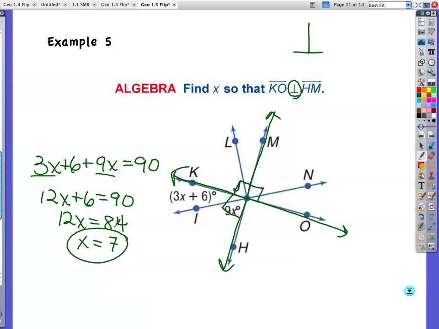In order to check to see if this is right, 9 times 7 is 63. 7 times 3 is 21. 21 plus 6 is 27. Do 27 and 63. Oh my goodness, who would have guessed? It turns out to be 90 degrees. All right, so you could say those form a right angle. If you're really sneaky, you can say they're complementary.